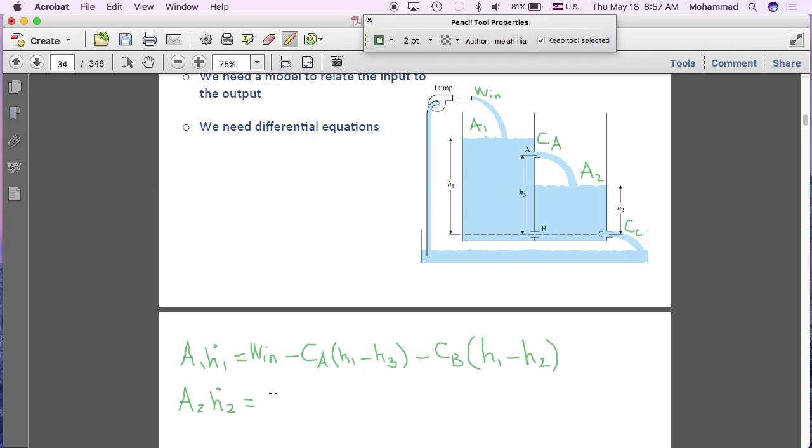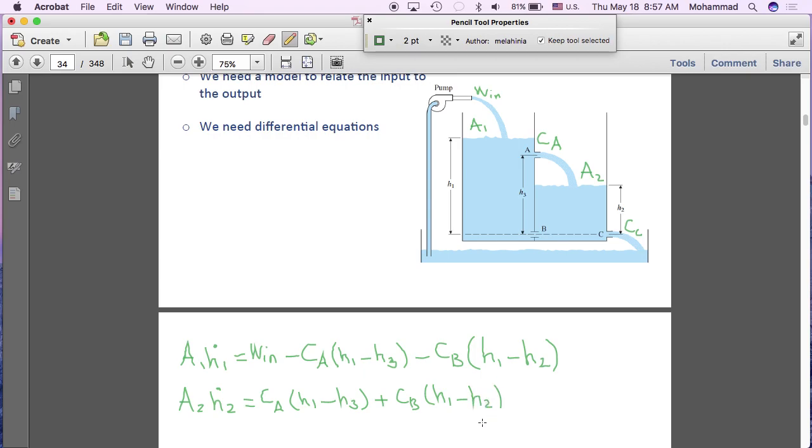So how should I write it? Exactly as I have on the top, only with positive sign. That's the flow going through the first orifice. This is now an input to the second tank, so it appears with a positive sign. Focus on CB. Now CB, exactly the same appearance, only with positive, plus CB times H1 minus H2.